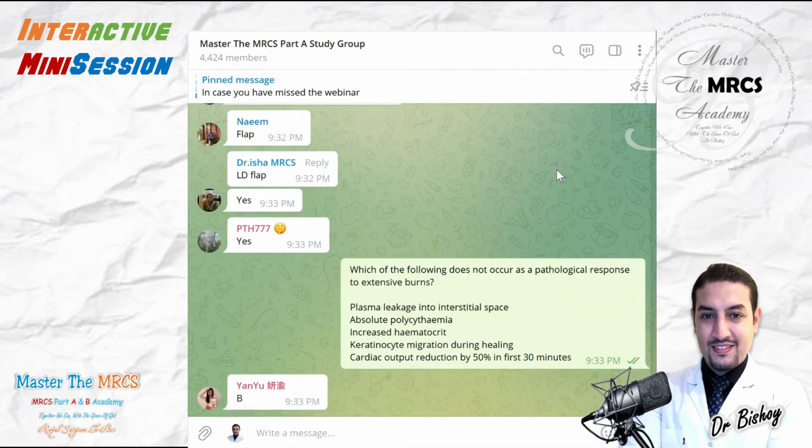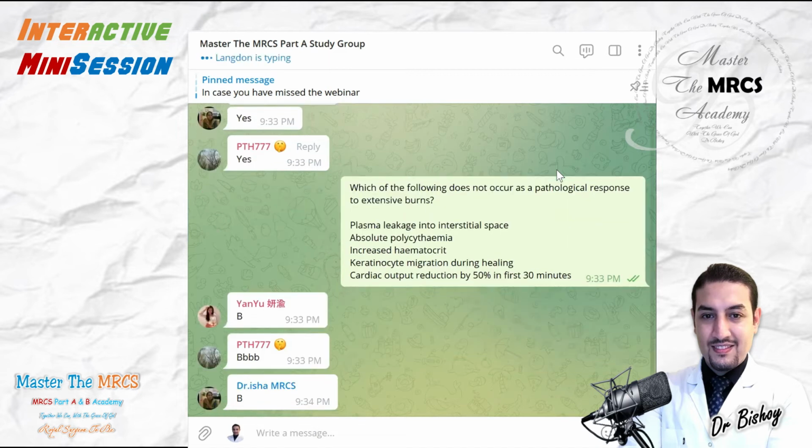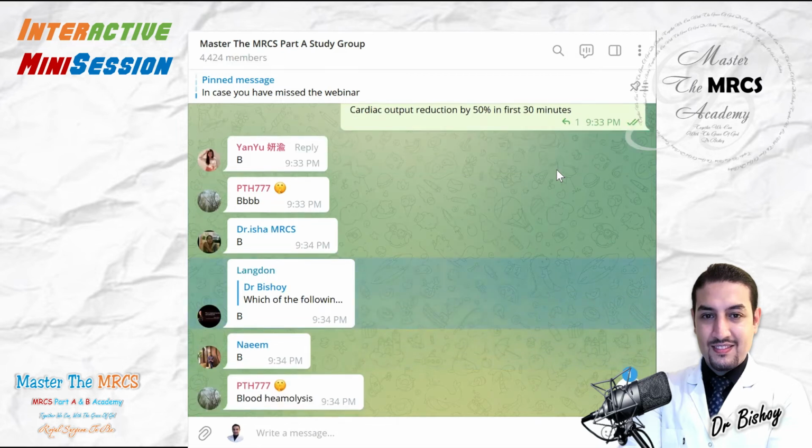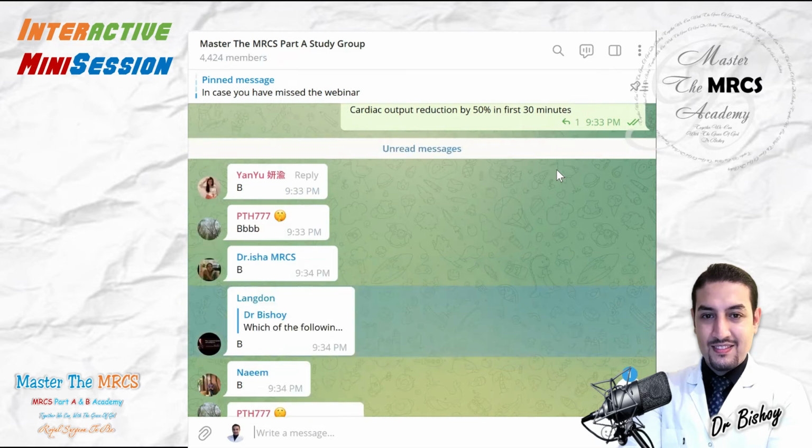In extensive burn, there will be hemolysis due to damage of erythrocytes by heat and microangiopathy. There will be a loss of capillary membrane integrity, causing plasma leakage into the interstitial space. And that's why there will be no use if you give this patient blood in the very first hours or even the very first day, unlike a major trauma.